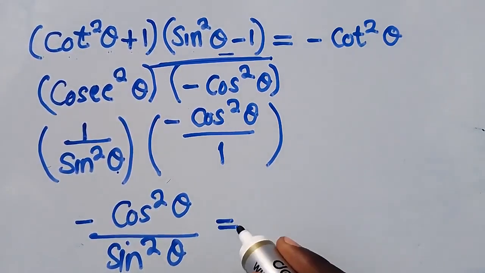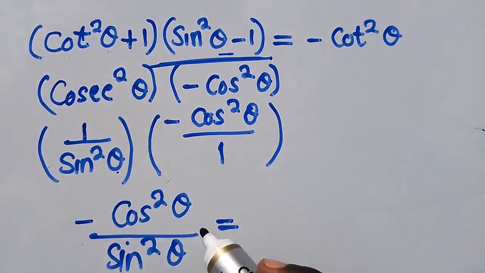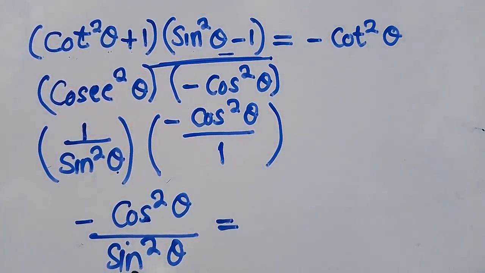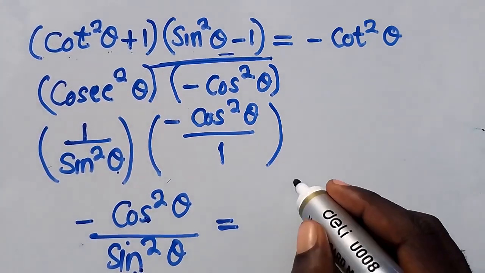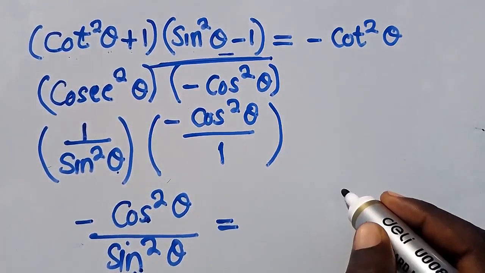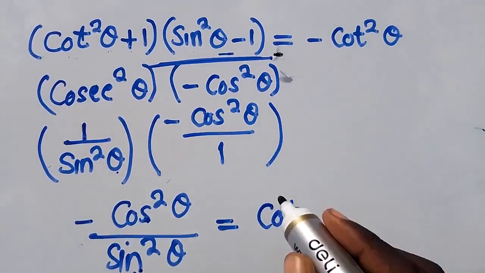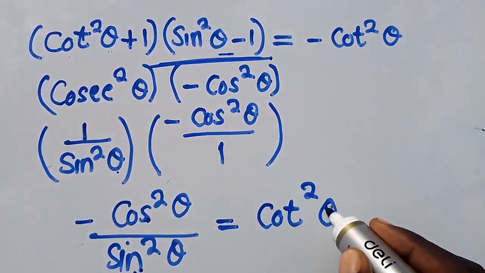This is equal to what now? Whenever you've got cos over sine, what is the answer? Cos over sine is cot, but when it is sine over cos, it is tan. So this is cot, and since there is a square, cot squared theta.